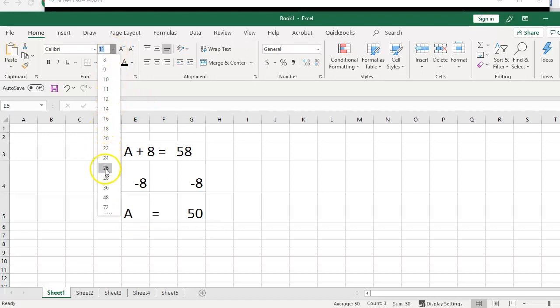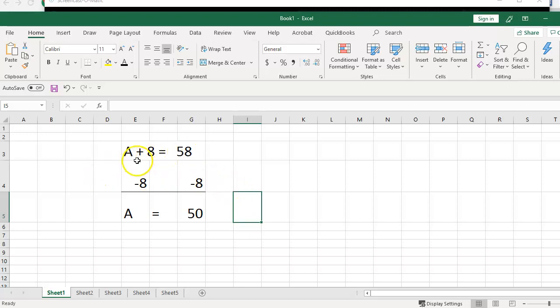So we just used a mathematical equation to determine his current age, which is 50. So from an expression standpoint, when you're using formulas, whatever is done to one side has to be done to the other. So if I subtract 8 from the left-hand side of the equation, I must also subtract 8 from the right-hand side of the equation.